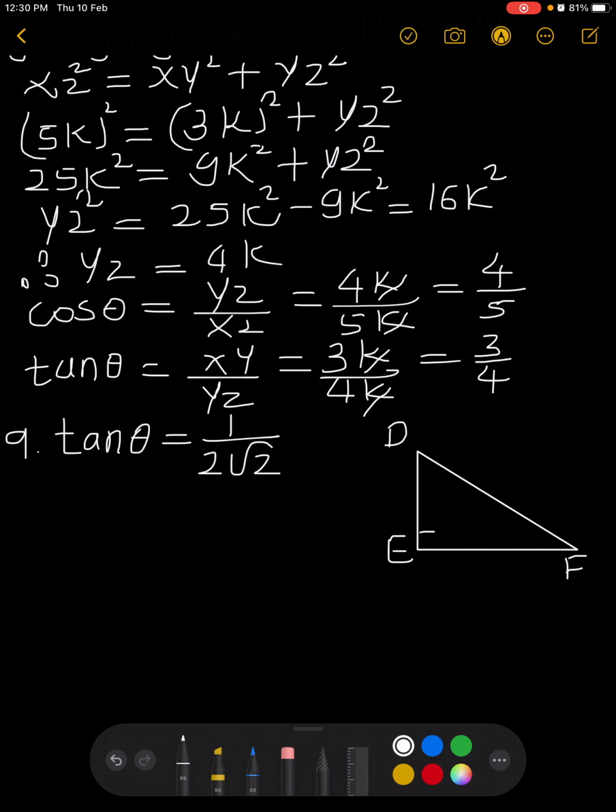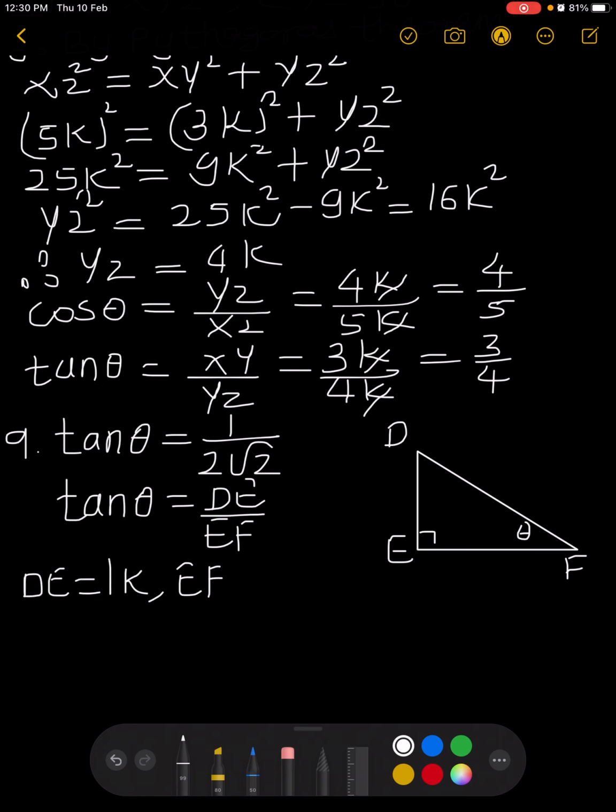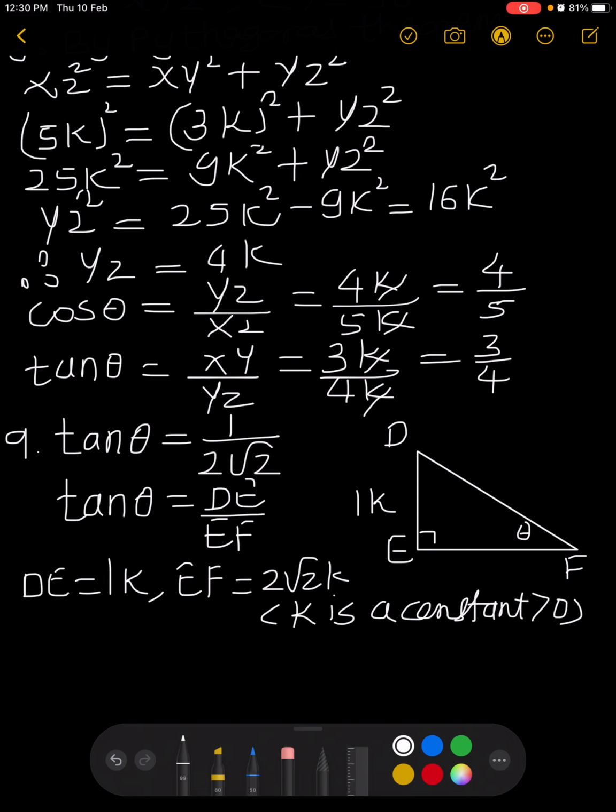Angle E is 90 degrees in measure, F is theta. Tan theta is the ratio of the opposite side DE and neighbor side EF. It will be written further DE 1k, EF 2 root 2k, where k is a constant greater than 0. This is 1k, this is 2 root 2k.